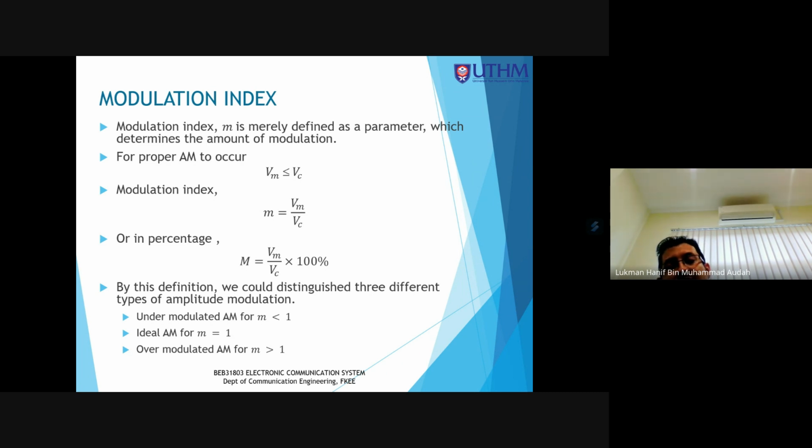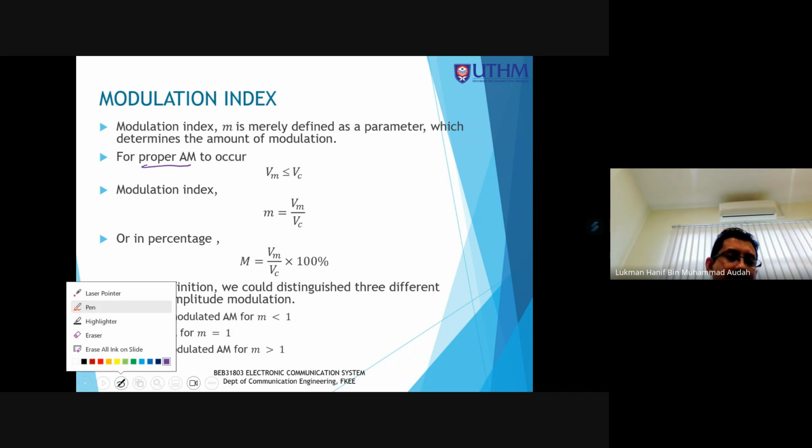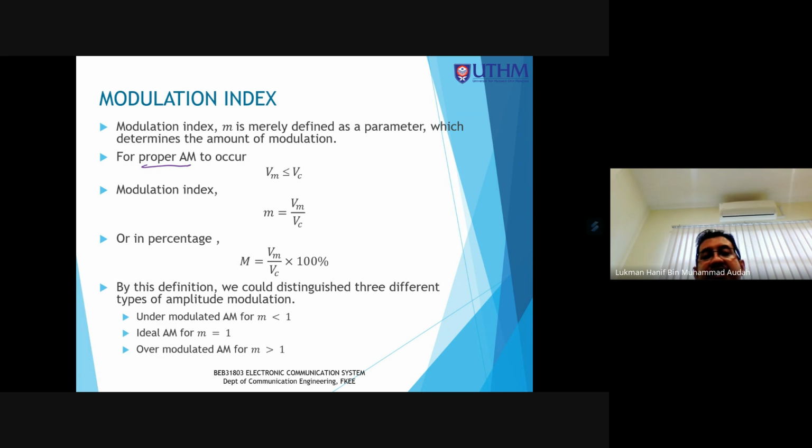It is said here that most of the time, the modulation index contains Vm and Vc, and these Vm and Vc are the peak amplitudes of the signals.